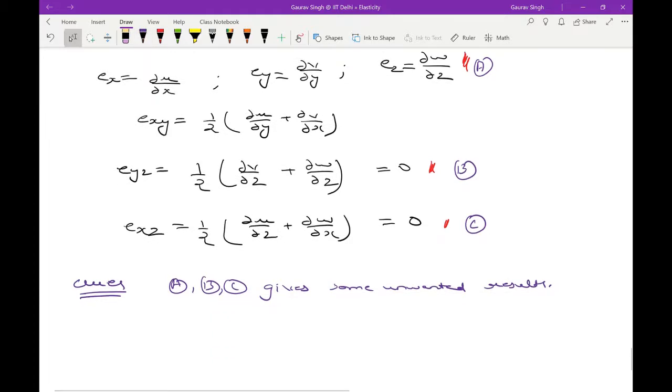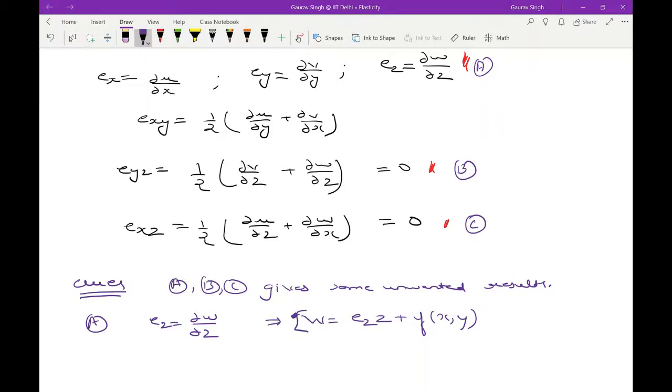If you look at A, εz is equal to ∂w/∂z. This clearly implies that w is a function εz z plus some function of x and y. If you do an indefinite integration, you will find that it's an arbitrary function of x and y. And you can always check, you can differentiate this with respect to z partially and you would get εz.